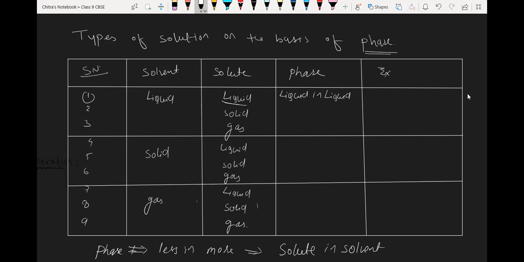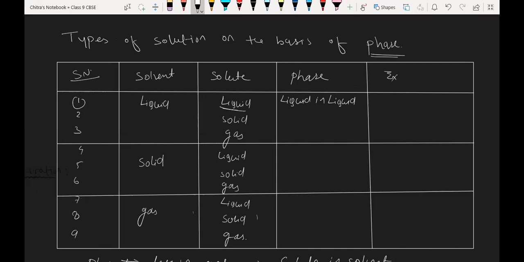Understood? Okay. So what will be the example for liquid in liquid? Here I have written solute in solvent. Solute in solvent means solute is present in small quantity and solvent is present in large quantity.